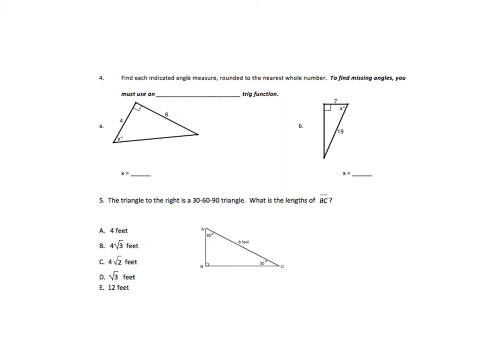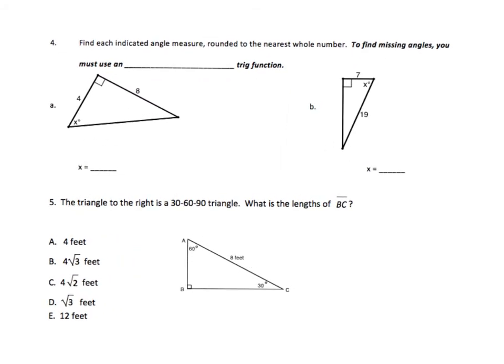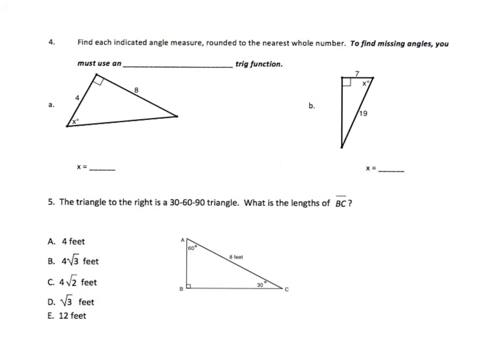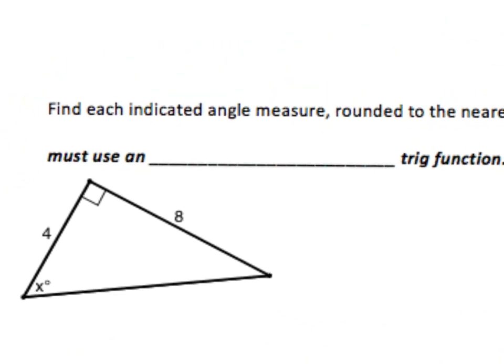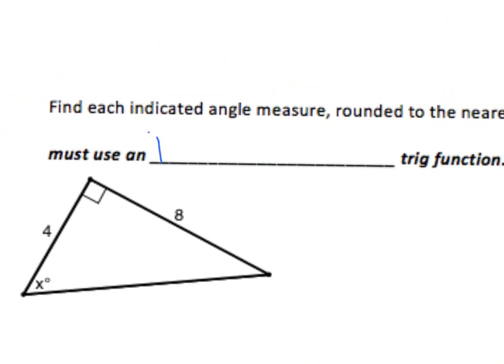Number 4 says, find each indicated measure, round to the nearest whole number. If we're finding the missing angles, you must use the inverse trig function.